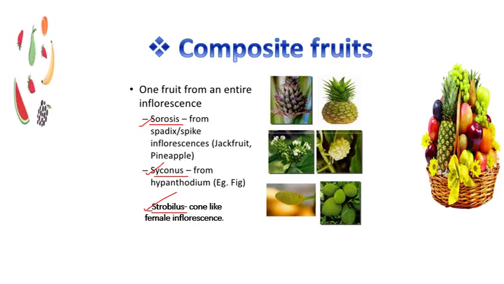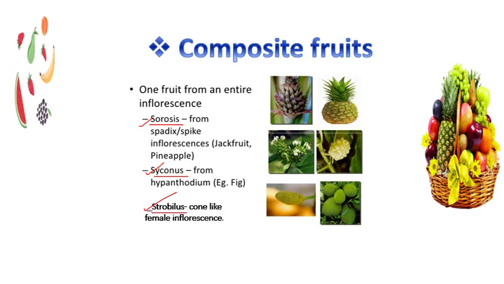The next type is Syconus. In this fruit, the inflorescence is changed into a fleshy pear-shaped structure called receptacle. So it contains a cavity which produces male flowers at the upper and female flowers at the lower side.